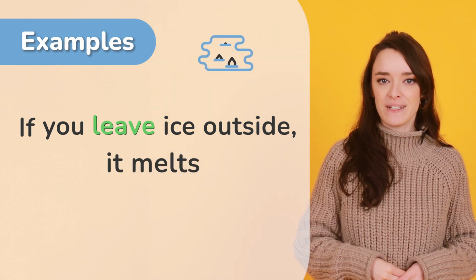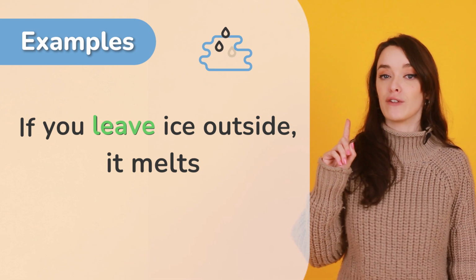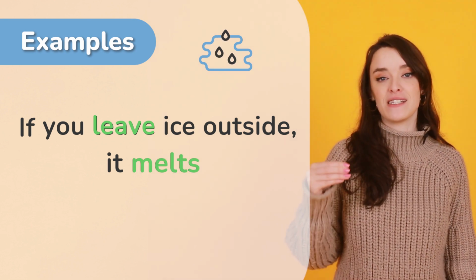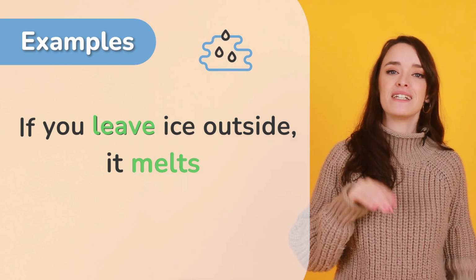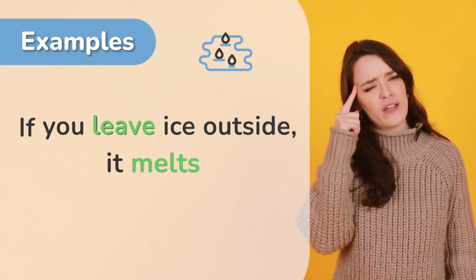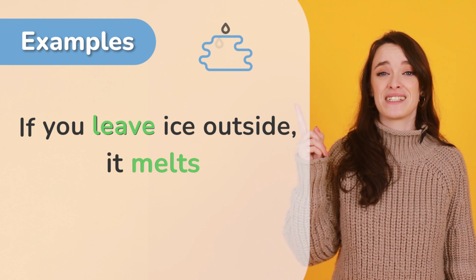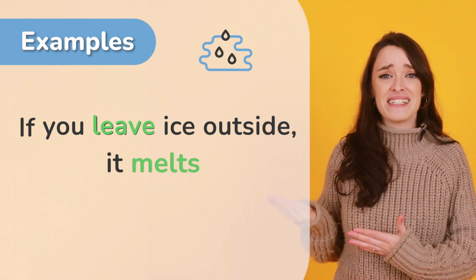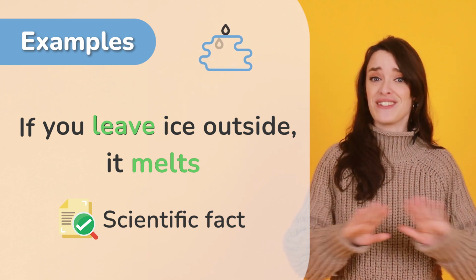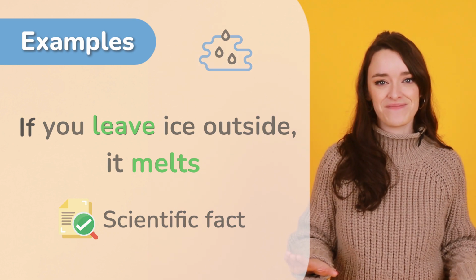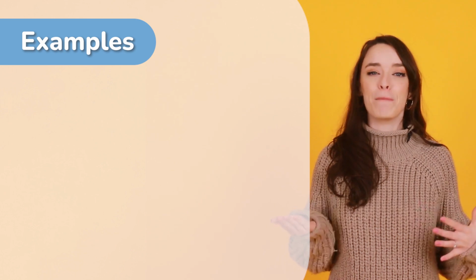It melts. So we can see we use the verb melt in the present simple form as well. If you leave ice outside, it melts. Now think about our use for a second. What is this? This is a scientific fact. This does not change.